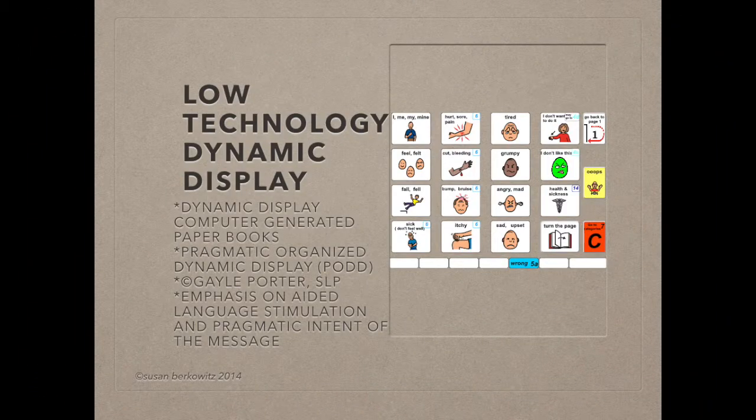The only low-technology dynamic display system are dynamic display computer-generated paper books. The most used and most well-organized are the Pragmatic Organized Dynamic Display or POD books that were designed by Gail Porter. The emphasis is on aided language stimulation and the pragmatic intent of the message.